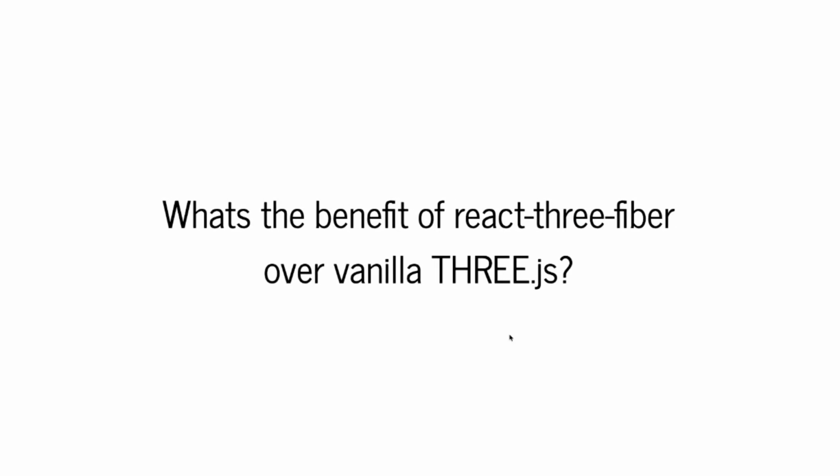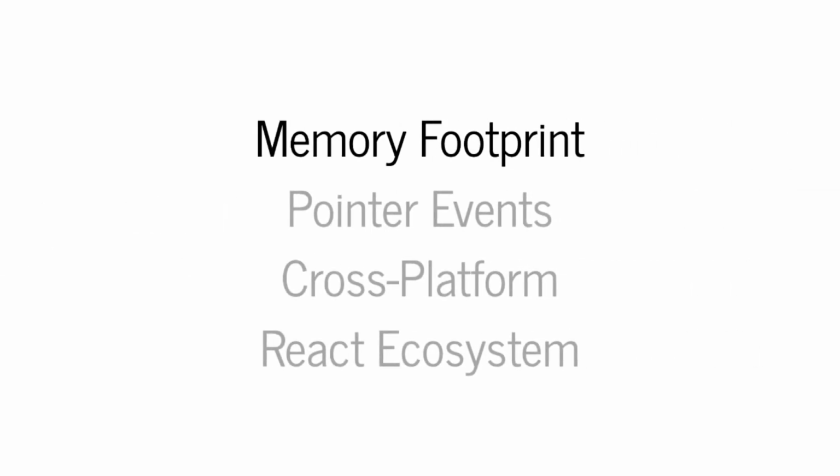So the question becomes, what's the real benefit of using something like React Three Fiber versus just doing it with pure THREE.js? We get a lower memory footprint because the renderer leverages React lifecycle methods.